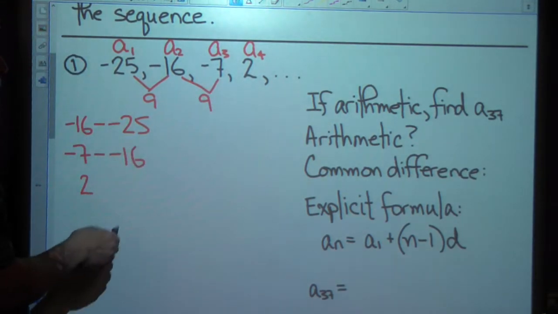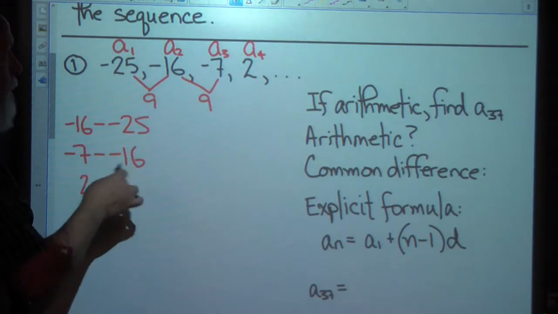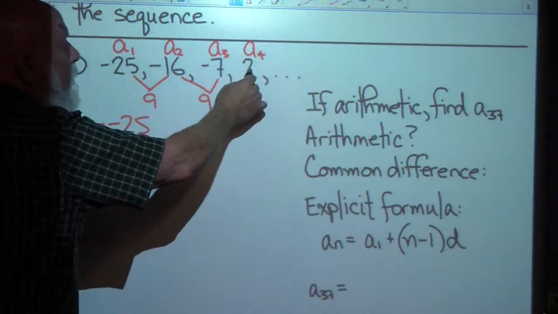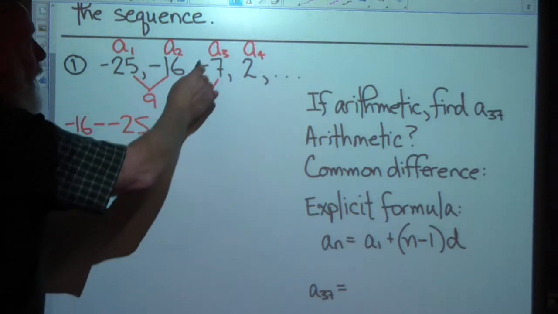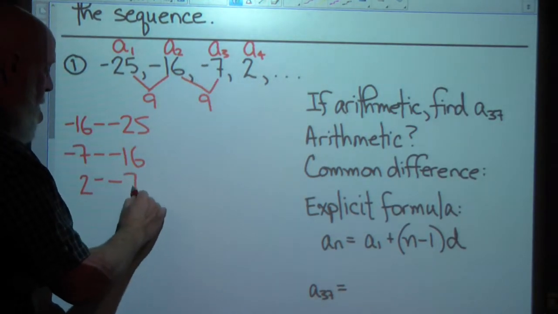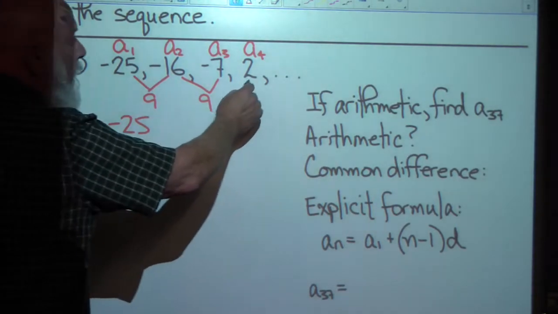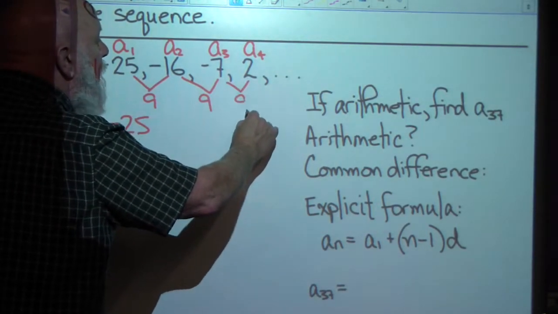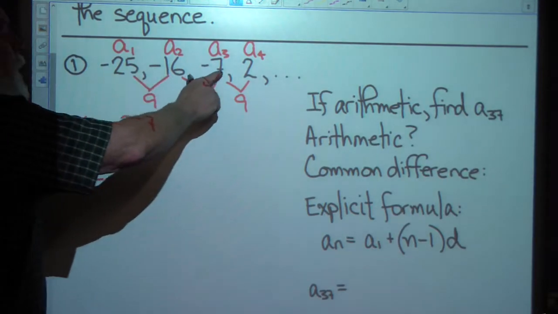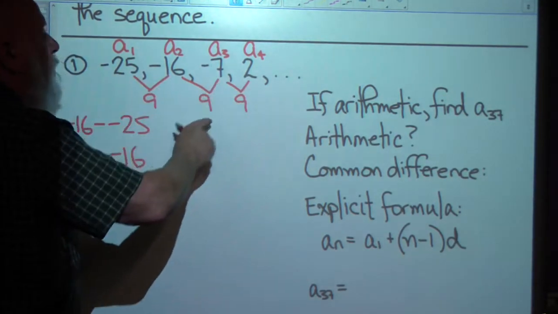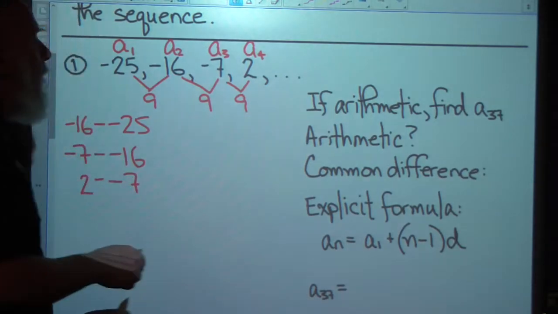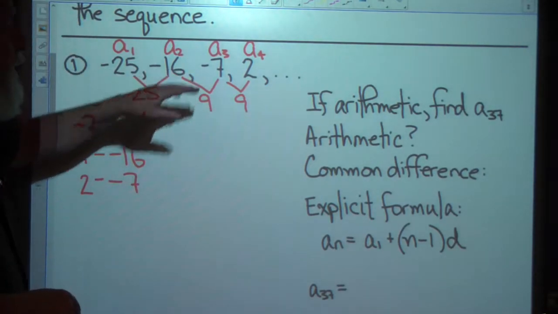Always do it that way, and you'll make fewer mistakes. 2 minus negative 7. That's a plus sign. The double negative is positive, so 2 plus 7, that's also 9. So we've determined that each pair of consecutive terms has a constant difference, so this is arithmetic.